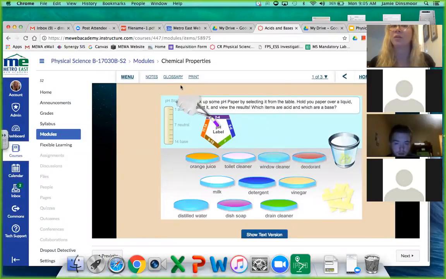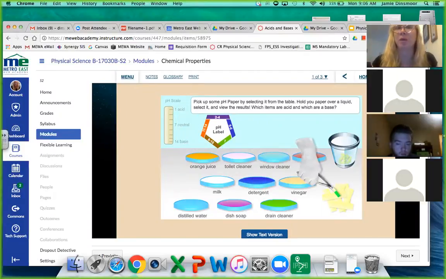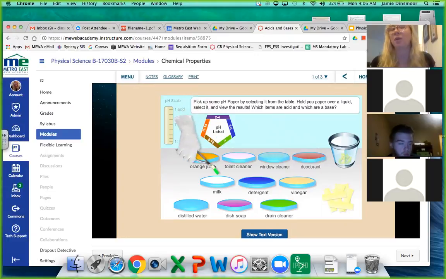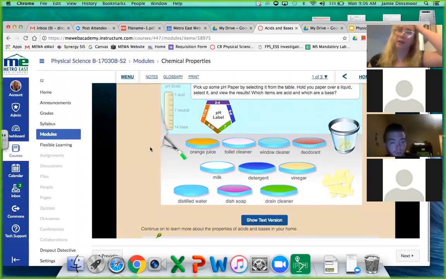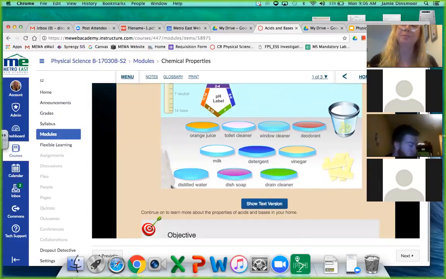Deodorant, also in the 2 to 4 pH range. Window cleaner, 11 to 14, right? You can go back and try all of these if you'd like. Water is a nice, beautiful 7. But basically, this is actually how you would do this in a lab. They have this paper called pH paper that can turn colors based on what pH it is. And we'll do that in the next lab that we have, which isn't for a while, but we will do something with pH.